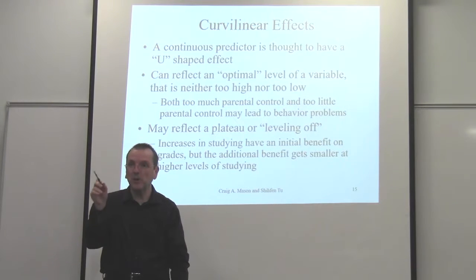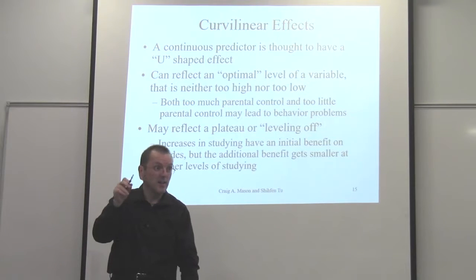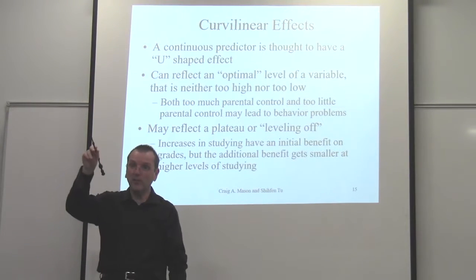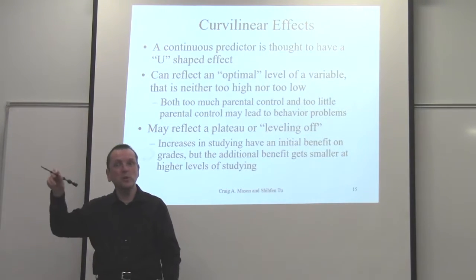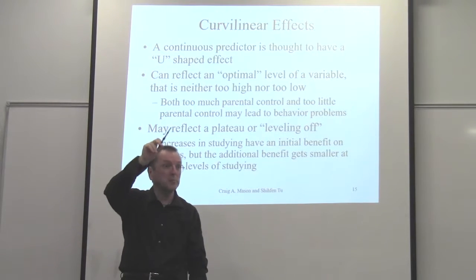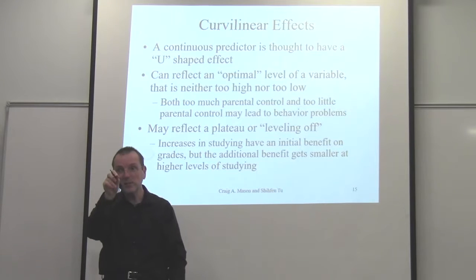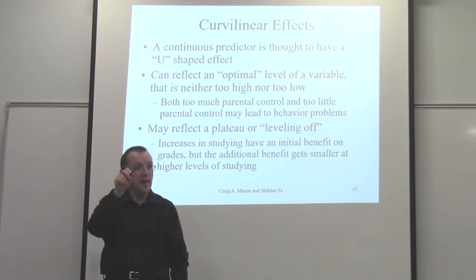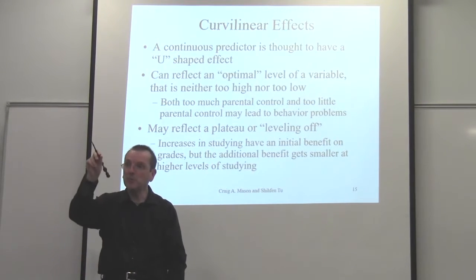There was an optimal level of even what we think of as negative coercive control with inner city, urban kids. You'd see a right side up U: too little and kids' behavior problems increased, too much and they increased. But there's just the right amount, an optimal zone.